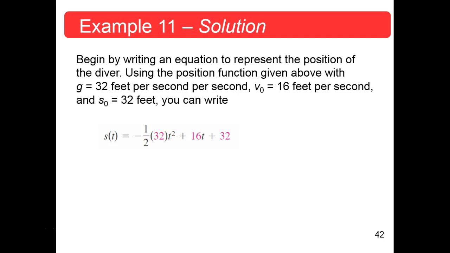You can write S of t is equal to minus 1/2 times 32, that's the g here, t squared plus 16t plus 32. The minus is here because the acceleration is always negative, going downward. And then when you plug that in, you get that. There's your position as a function of time.